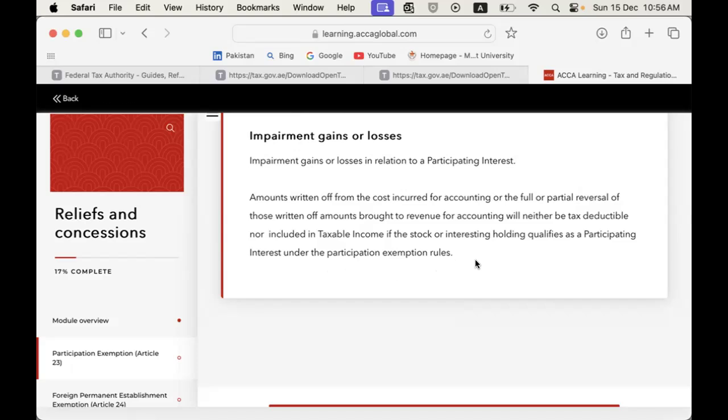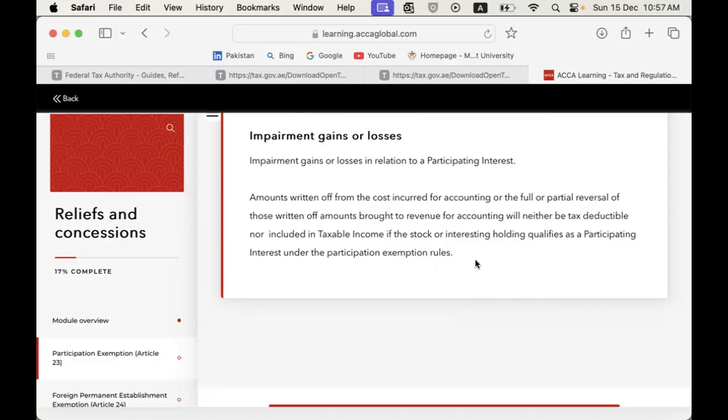So why is it so? What happens when we impair an investment? Normally we would charge it off to profit and loss account, right? But if an investment was the kind meeting the conditions of participation exemption, any income that comes from that investment would be exempt, right?